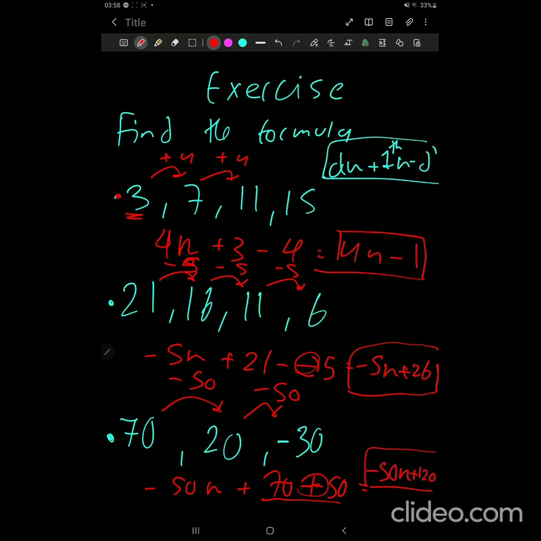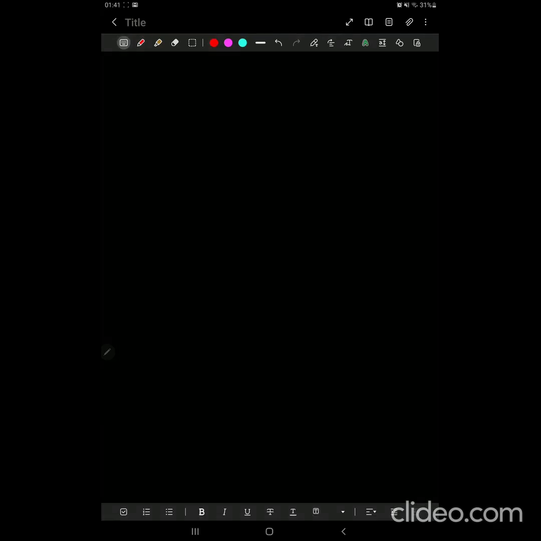Okay, if you got all of them right, congratulations, but if you don't, it's fine. There will be lots of exercise later, guys. So aside from the arithmetic sequence, there is also geometric sequence.